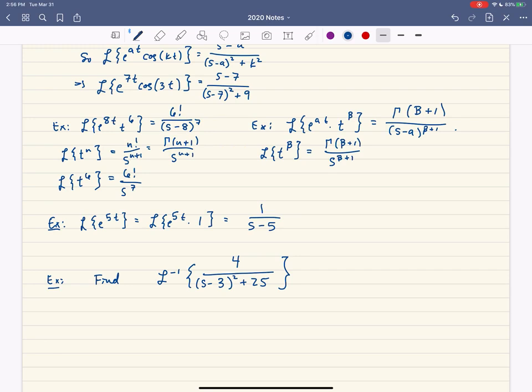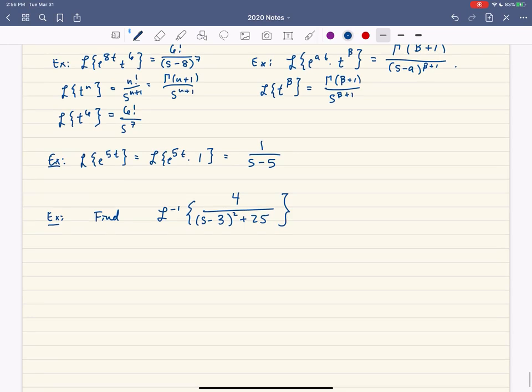And if it was 4 over s squared plus 25, we can think of this as, there's a nice way to unshift this. Let me say this a slightly different way. If I have s minus 3, that means that we originally had an e to the 3t.